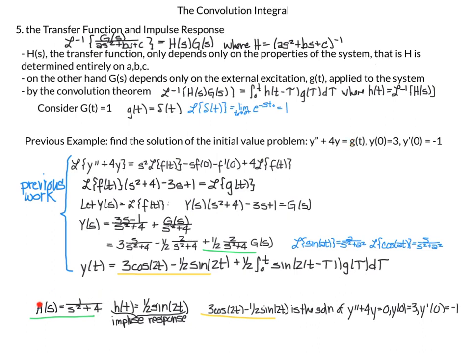So again, this H of s here gives us our little h of t, our impulse response. This is what happens when we put an impulse into this system. And then similarly, this other part here was the solution to the homogeneous equation with initial values.